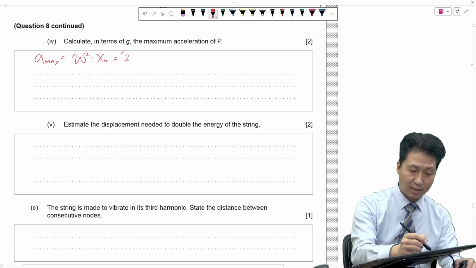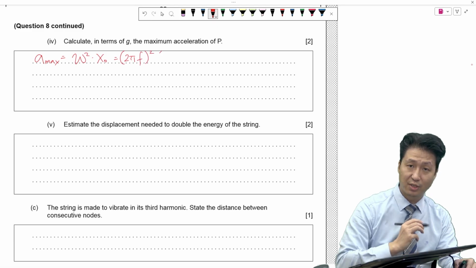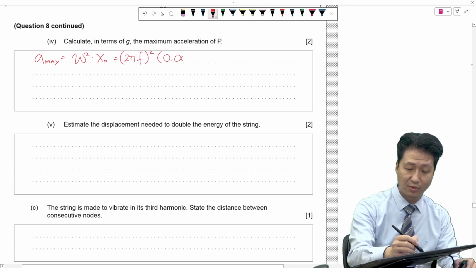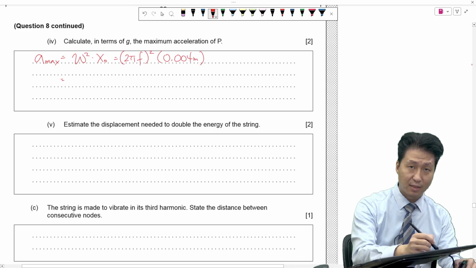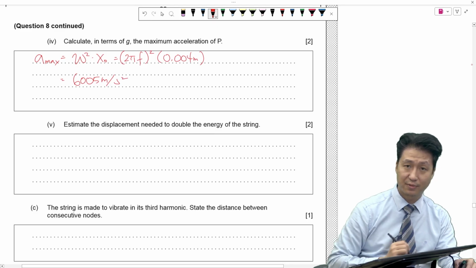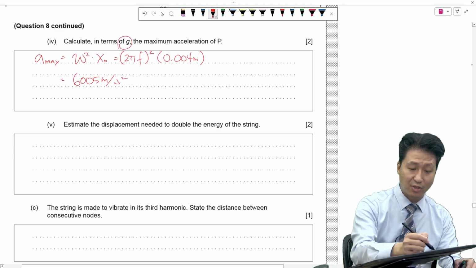Next, angular velocity is 2 pi times the frequency, and you square this, and multiply by 0.004 meters here. This will give us an acceleration of about 6,005 meters per second squared.